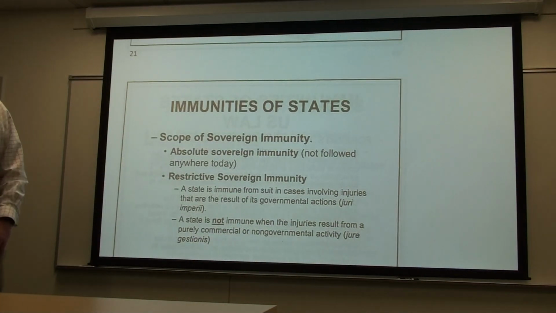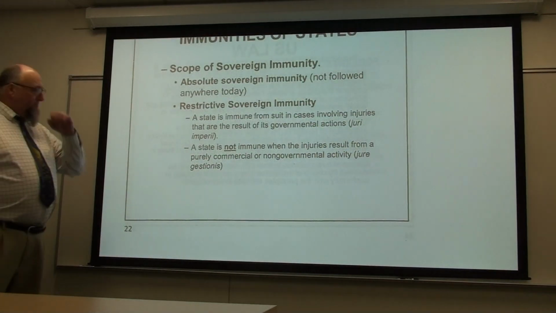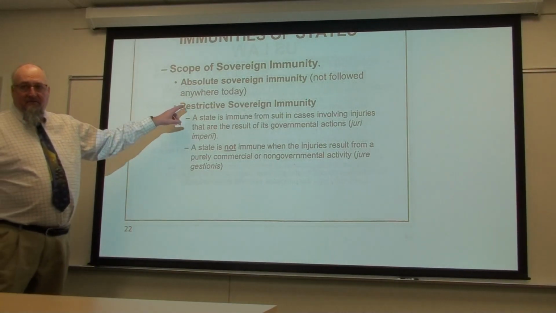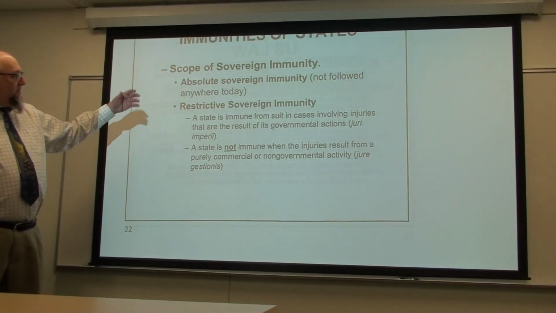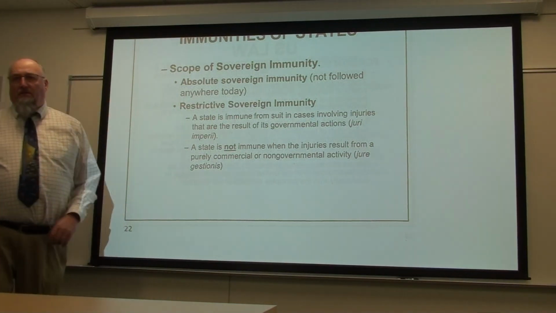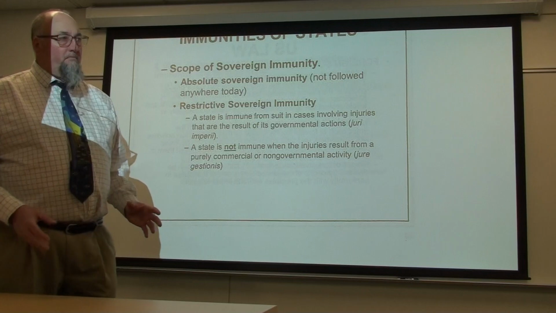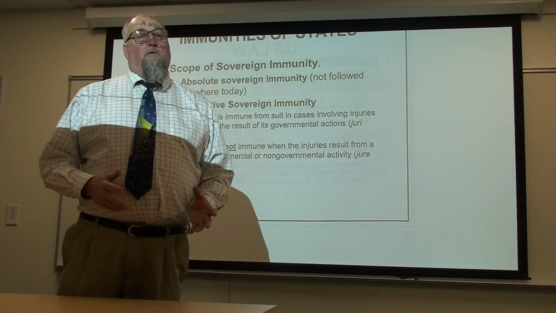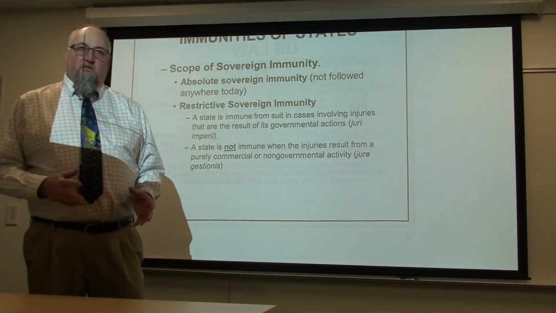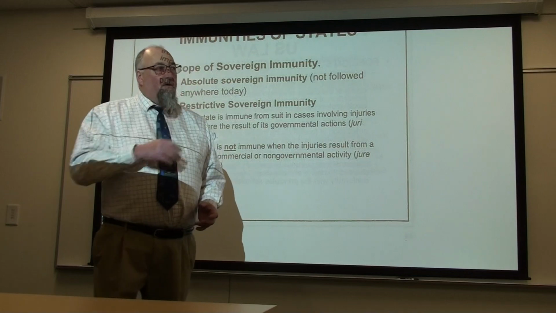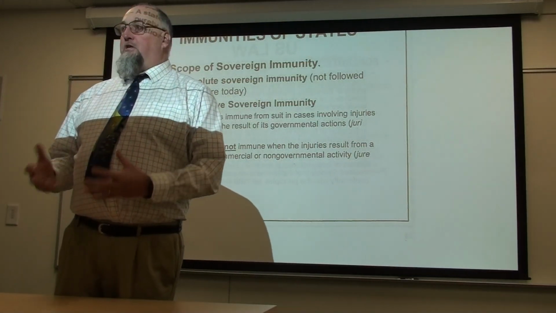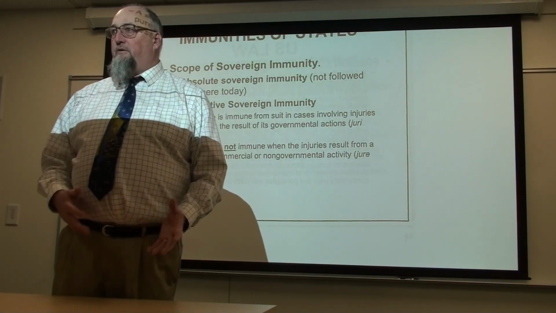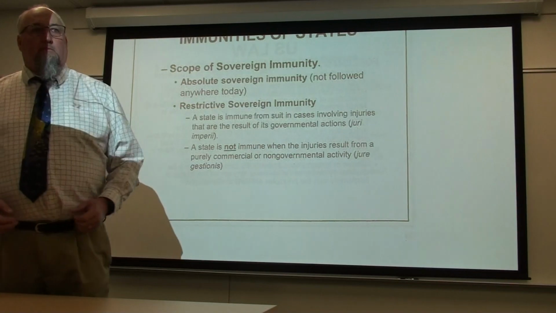So there's two types of sovereign immunity: absolute sovereign immunity and restrictive sovereign immunity. Absolute sovereign immunity means under no circumstances can a foreign government be sued in a domestic court, nor under any circumstance are the assets owned by a foreign government subject to seizure, garnishment, attachment, or a sale by a sheriff to enforce a judgment.